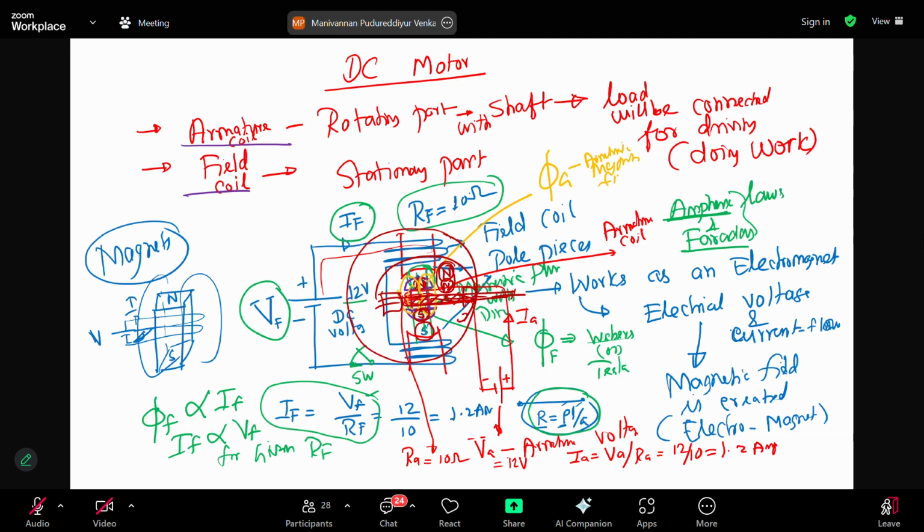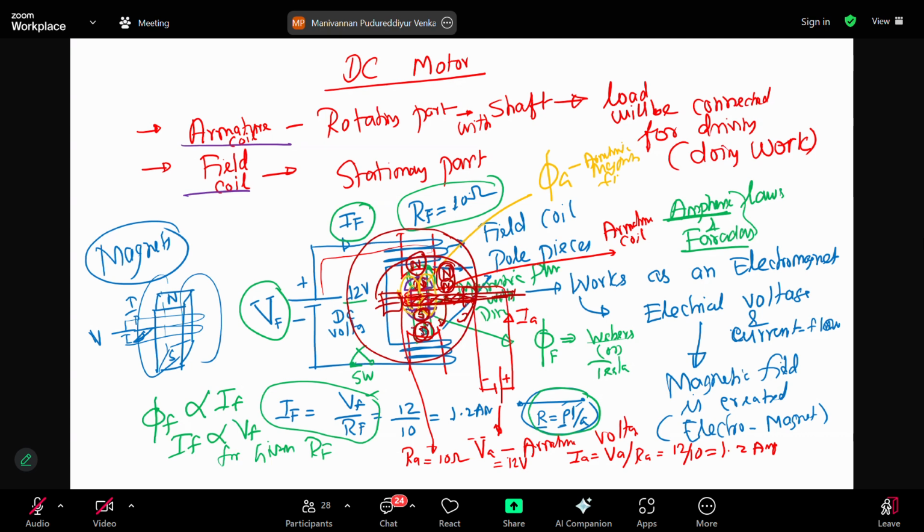The north pole of the field magnet will remain the same. It will not change location. The south pole also stays. But the armature is rotated 180 degrees, and as it comes around, the north pole will be attracted by the south pole of the field magnet.